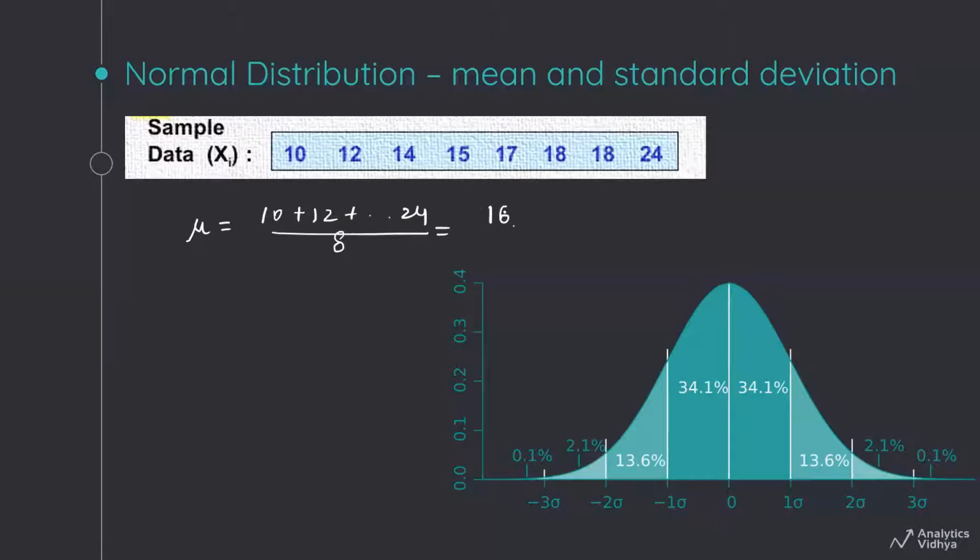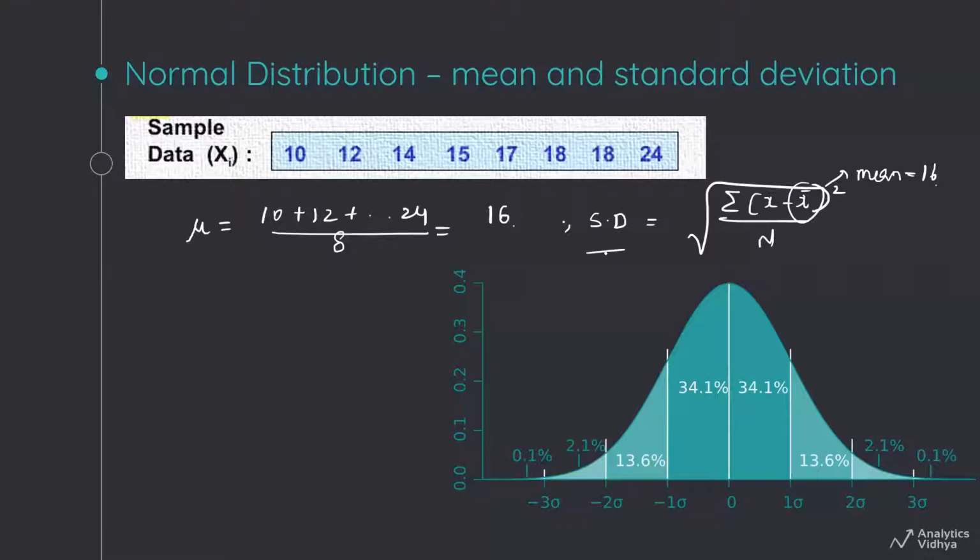Okay. Now this is the average value that this data represents. Now there's another term called standard deviation. If you look at the mathematical formula, it would be somewhat like this: x minus x bar, whole square, divided by n. Now x bar here is the mean, which is 16 in our case.